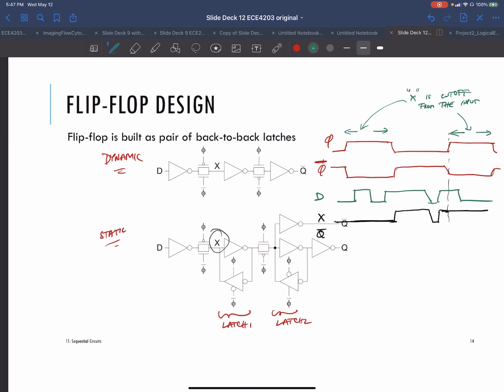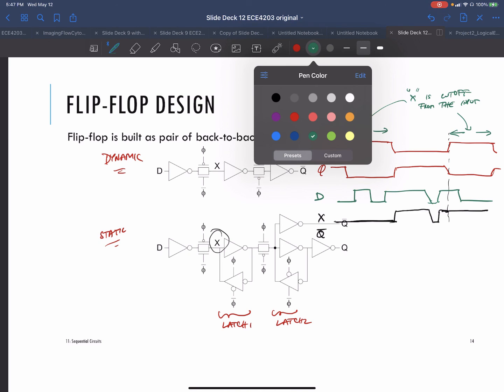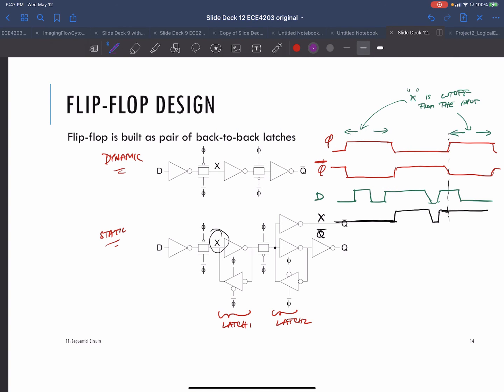Okay, and then let's look at Q bar. When phi is high, when the clock is high, Q bar is just going to be the inverted version of X. See, it's one inversion, two inversion. So X is doing whatever it's doing while phi is high.